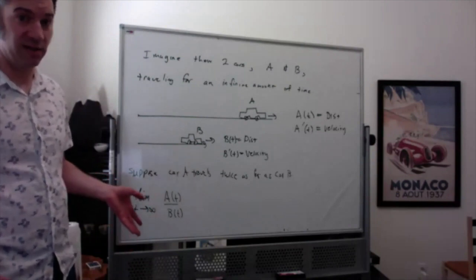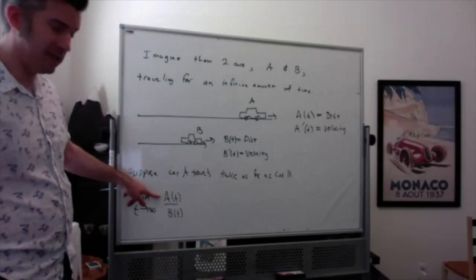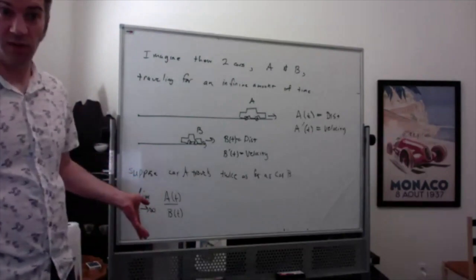If car A traveled twice as far, then its distance divided by car B's distance should be equal to 2.